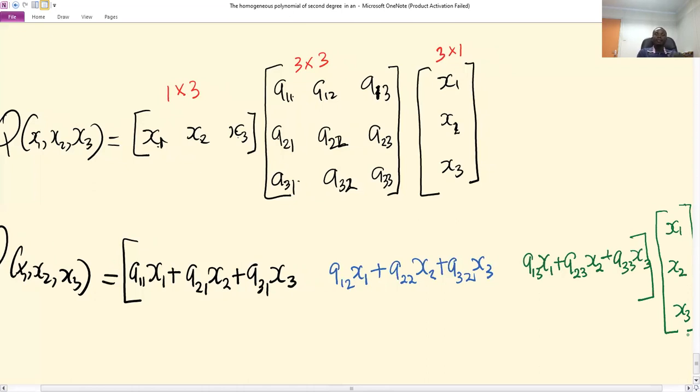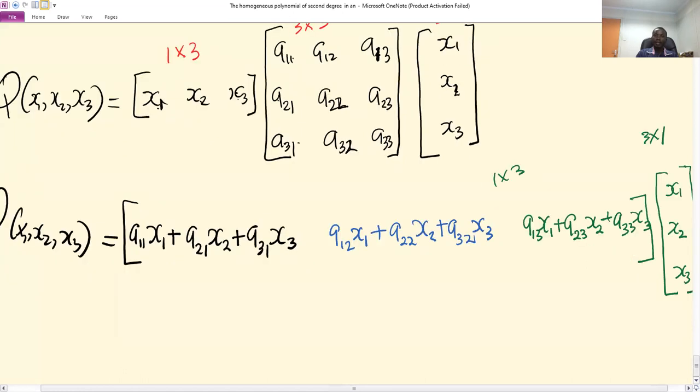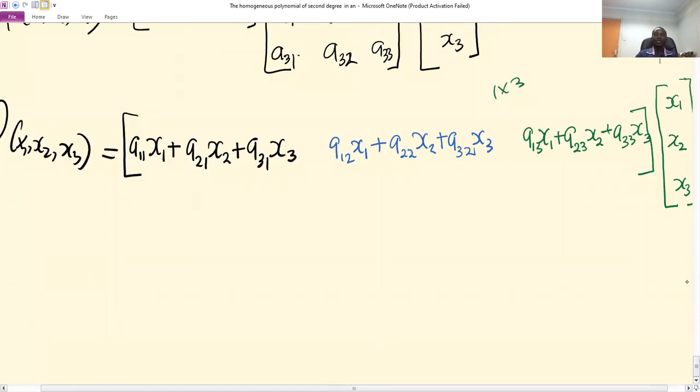So the resulting matrix in this product of the two matrices on the left is a 1 by 3 matrix. So 1 by 3, and this one is 3 by 1, then multiplication is defined. So next, it is always row by column. So it will be all this multiplied by x1 plus all this multiplied by x2, and then plus all this multiplied by x3.